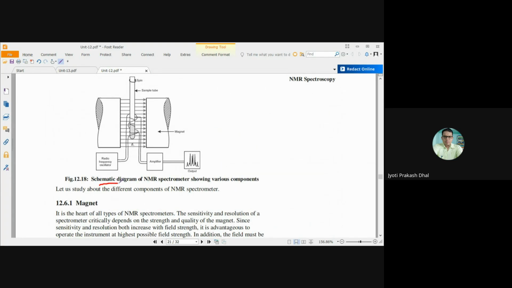Here is the schematic diagram of an NMR spectrometer showing the various components. These are the two magnets, and here the radio frequency oscillator will produce the radio frequency. Inside the sample tube, the sample under investigation is placed, and this is the amplifier, and this is the recording device.